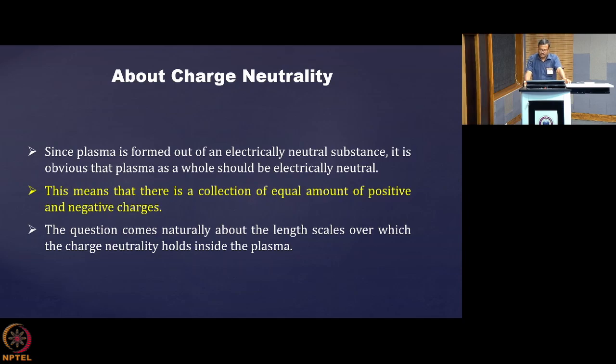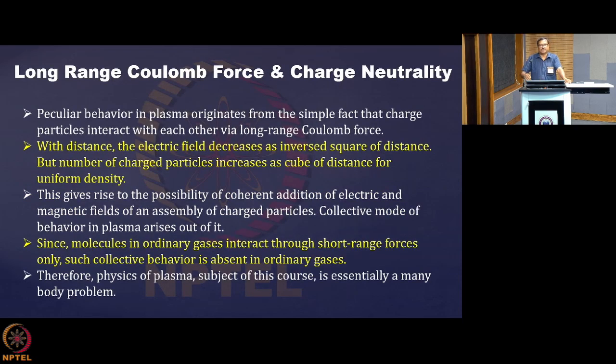But as we go away from that positive charge, what we see is that the volume includes not only the positive charge, also the negative charge within that volume. So you can imagine a sphere within which there will be sufficient numbers of positive and negative ions which can make that neutral. So what is the length scale above which this charge neutrality will be maintained? That is a question. So we'll try to understand all these things in this course actually.